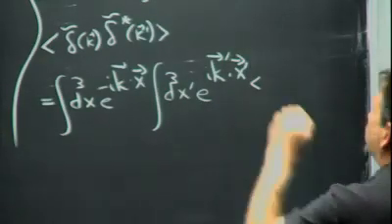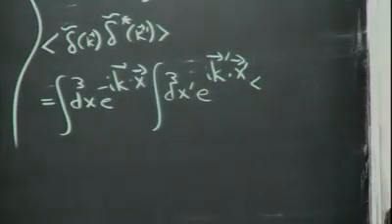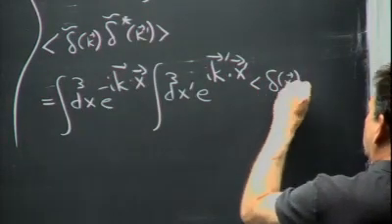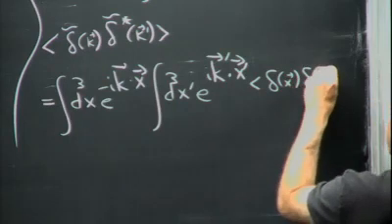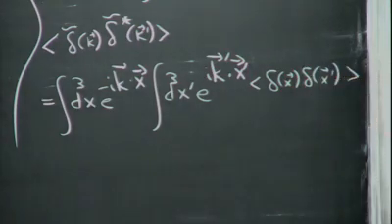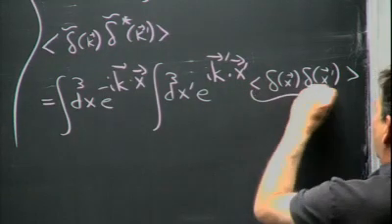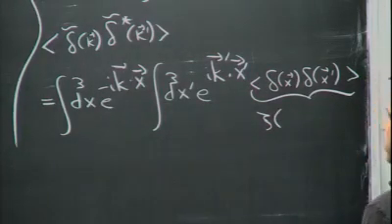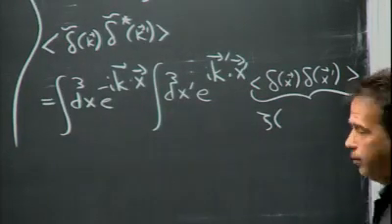And then the expectation value is the expectation value of delta of x times delta of x prime. You agree? Well, we know what this is. This is just the correlation function, which depends only on the distance between x and x prime. Let's call that r.